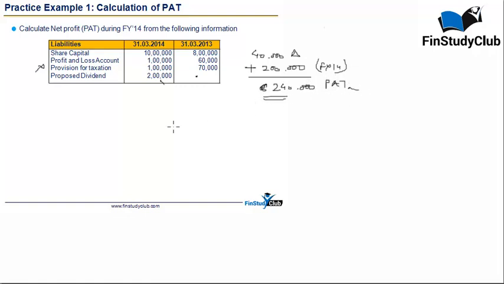Now let's look at what would have happened in a straightforward manner. Your profit after tax, after being reduced by proposed dividend, would have been the delta, which would have been added to the opening retained earnings to make it 100,000 in the balance sheet.